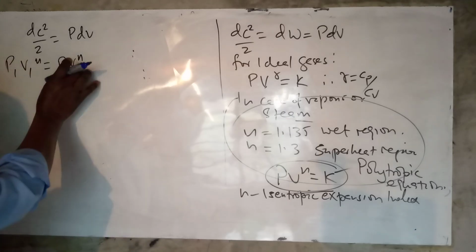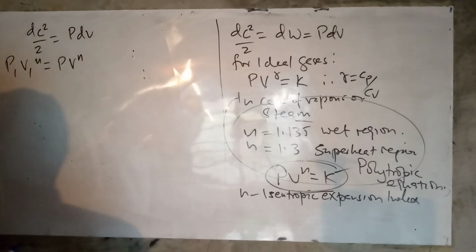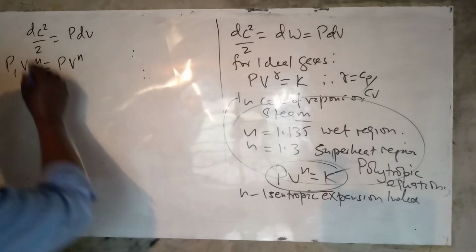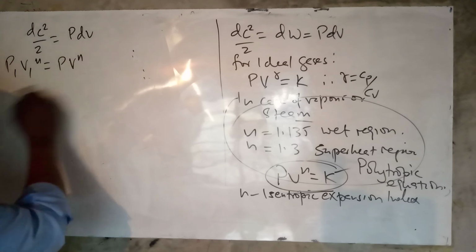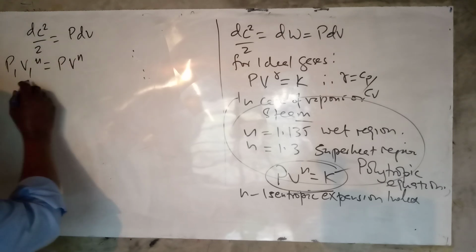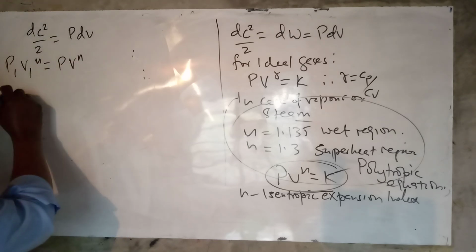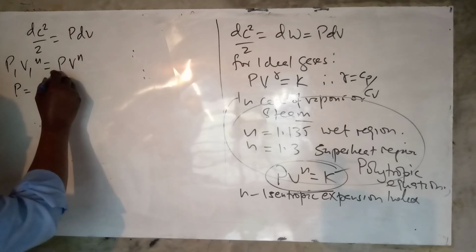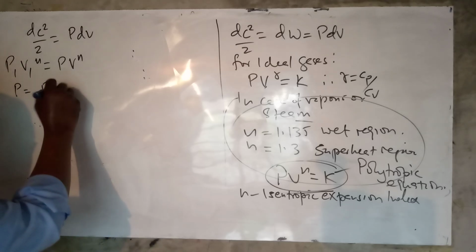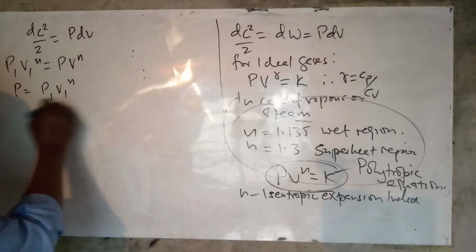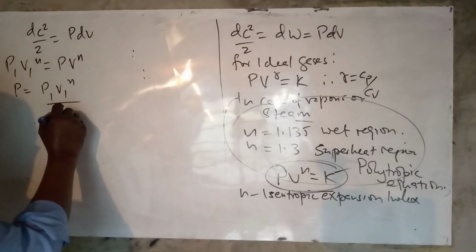If we make P our subject here, P will be equal to P1 V1^n over V^n.